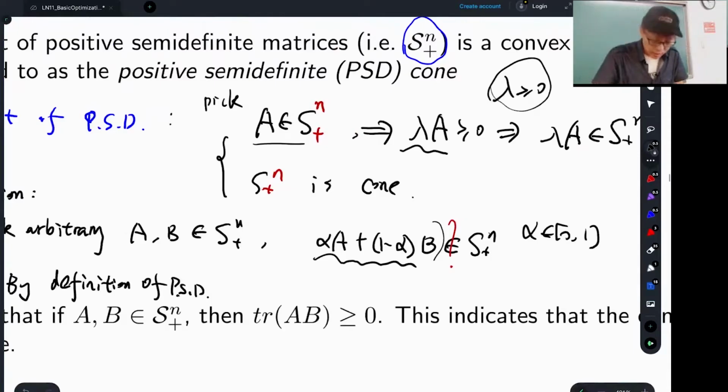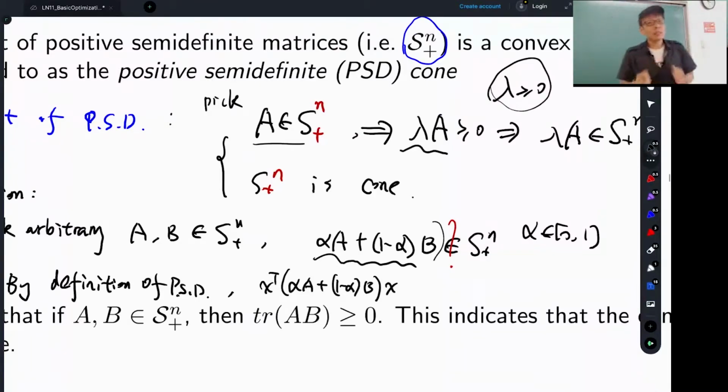That means x transpose times alpha A plus 1 minus alpha B times x has to be non-negative for all x. Matrix positive semi-definite just means the corresponding quadratic function it defines is non-negative.